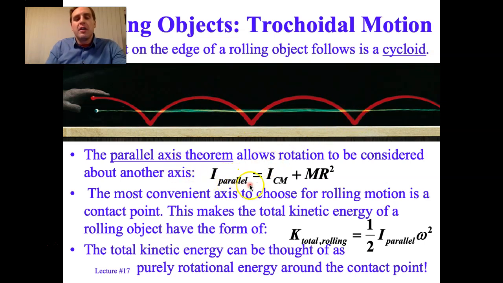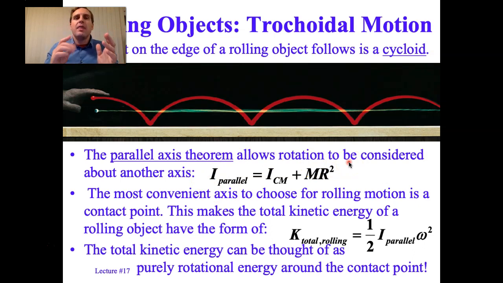Well, you could think about the so-called parallel axis theorem to figure out the rotation along that other axis. By the way, this parallel axis theorem does not just correspond to rolling objects.